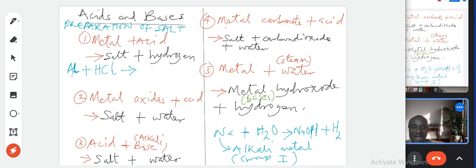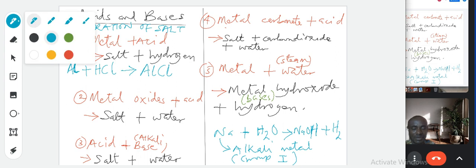By the way, aluminium will take the chlorine. This is what we call a displacement reaction. Aluminium collects the chlorine from HCl and then it becomes AlCl. But then what will be the formula of aluminium chloride? Are you sure?